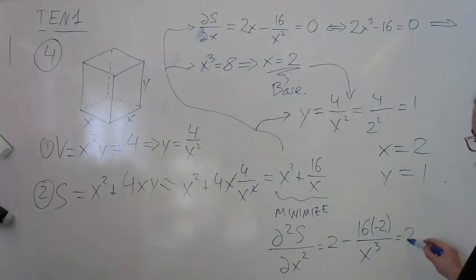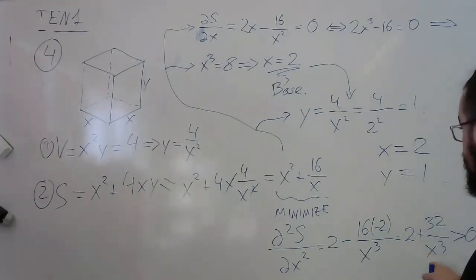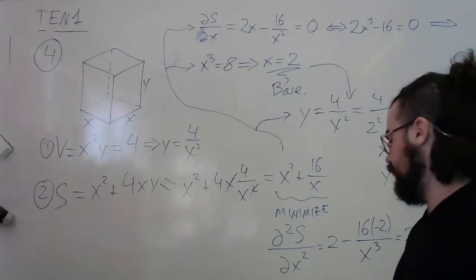This is 2 plus 32 over x cubed. And this is greater than 0, always. This is positive. This is positive.